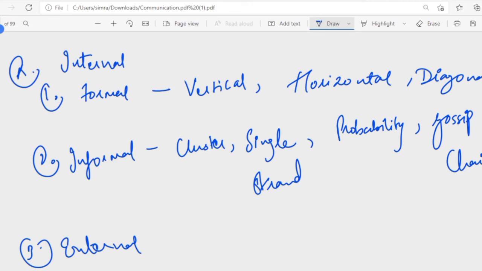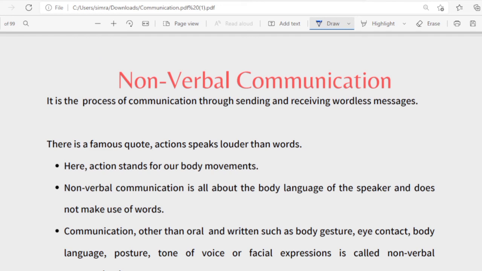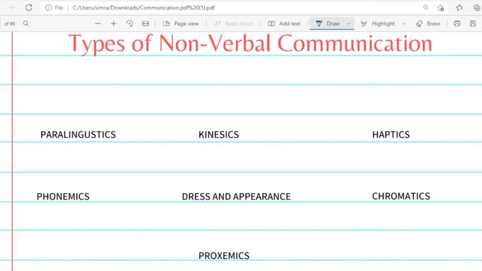Internal is very important. Its types are frequently asked in examinations, so make sure you are noting down all the important points of internal communication. Now, the most important topic is types of non-verbal communication. There are various types of non-verbal communication, and this is the most important part of communication in our examination.